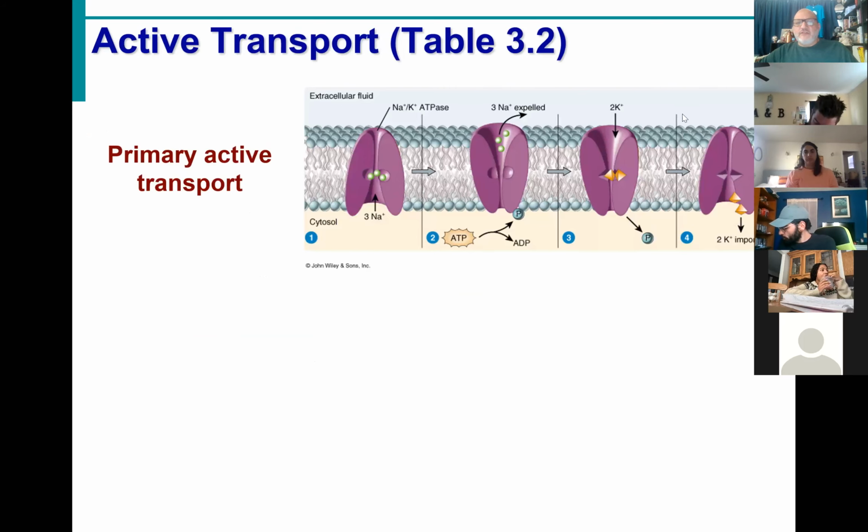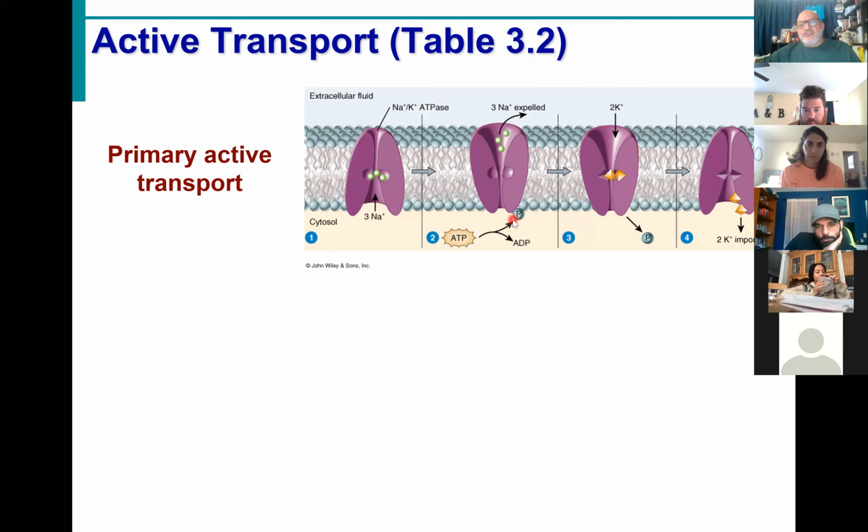Here is actually your friend and mine, the sodium potassium ATPase. And again, if you haven't figured it out yet, you are going to know it eventually because we're going to talk about it a ton. Notice here it is using the energy, phosphorylating the ATP, breaking off that phosphate and using the energy to change its shape. Notice first it's open to the bottom, to the inside of the cell, which allows 3 sodiums to bind to it.